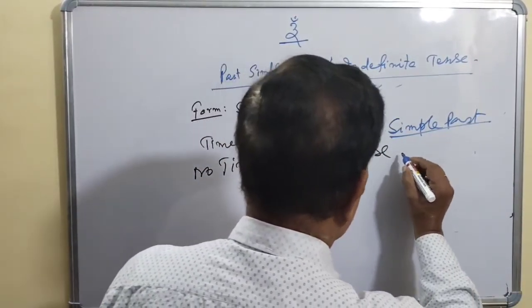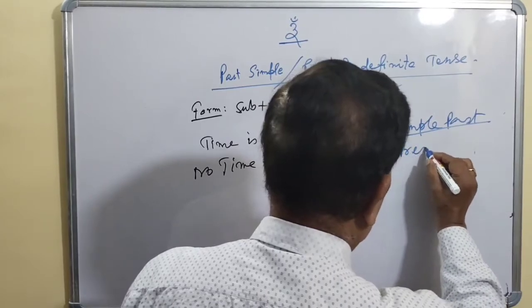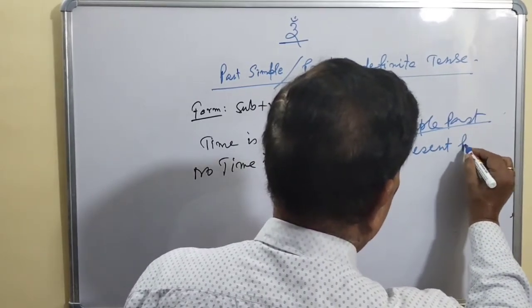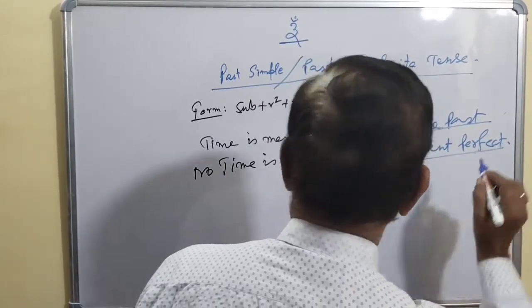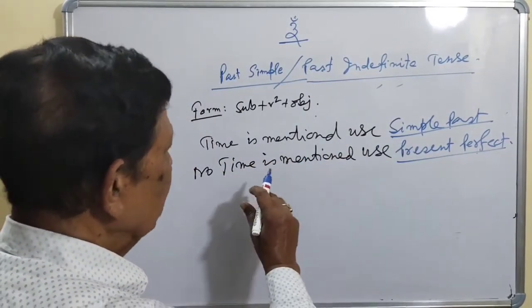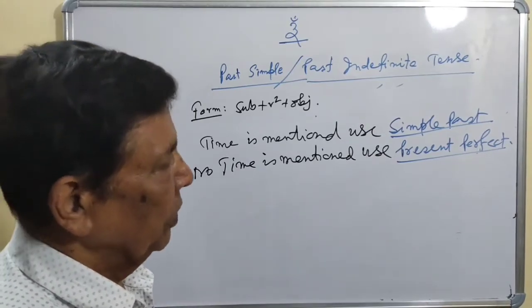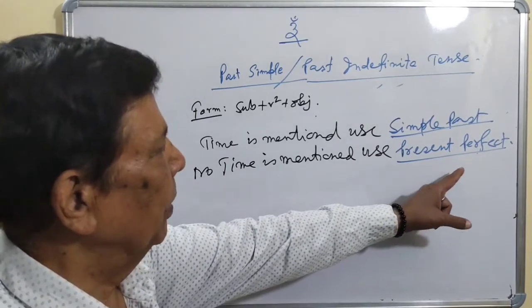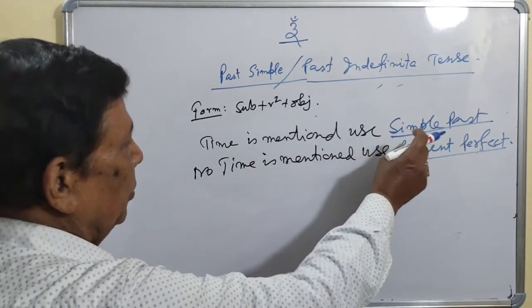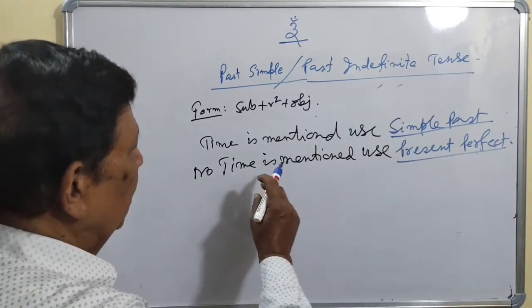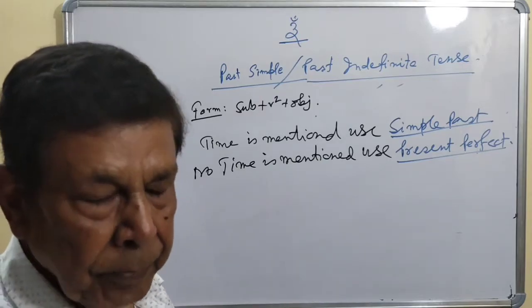No time is mentioned, use present perfect. That is has or have plus V3 plus object, whereas here it is V2 plus object. Time is mentioned, use simple past, no time is mentioned, use present perfect.